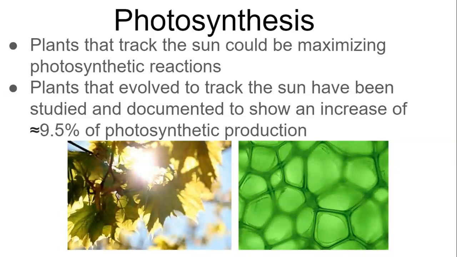Plants that evolved to track the sun have been studied and documented to show an increase of approximately 9.5% of photosynthetic production under the conditions of clear skies. By controlling leaf orientation, the plant can increase its ability for the incident of light to strike the chlorophyll molecule at an angle which can maximize photosynthetic reactions.